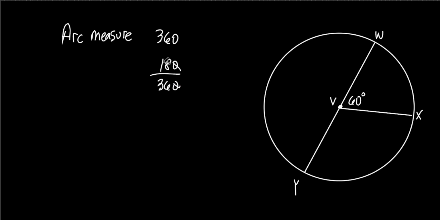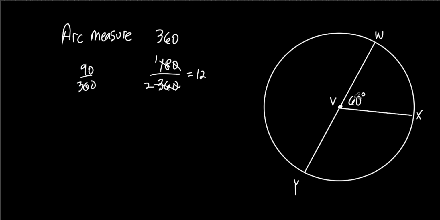Would you agree? Because the zeros cancel, 18 goes into 18 once, 18 goes into 36 twice. So that would be half of a circle, okay? What about a quarter of the circle? That would be 90. So 90 over 360.